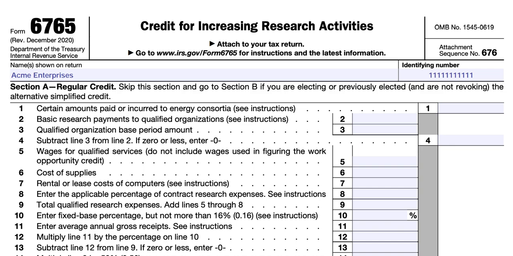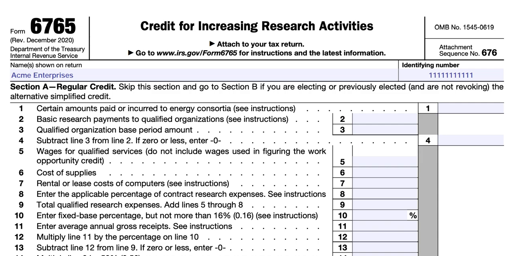There are a couple of definitions that are important to note before we move too far into this form. So qualified research generally is any research for which expenses may be treated as a Section 174 expense in the Internal Revenue Code.